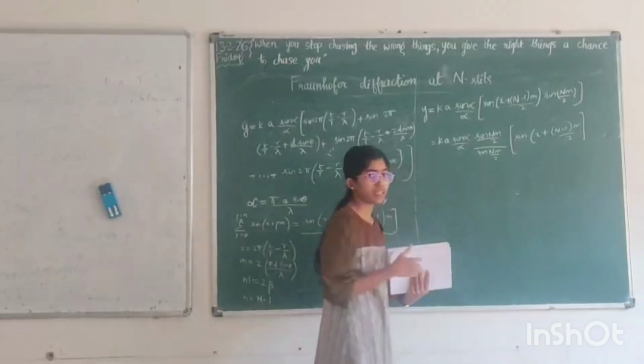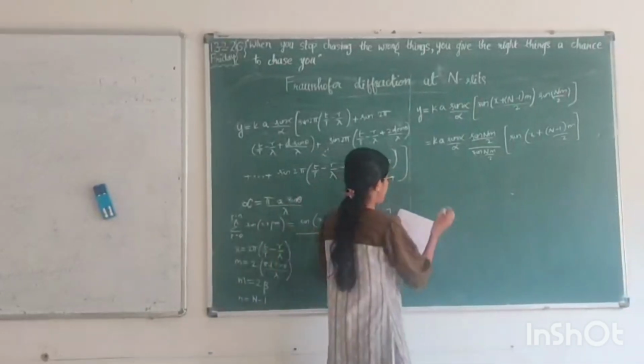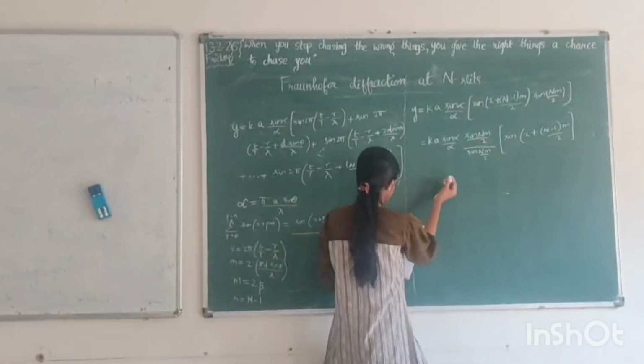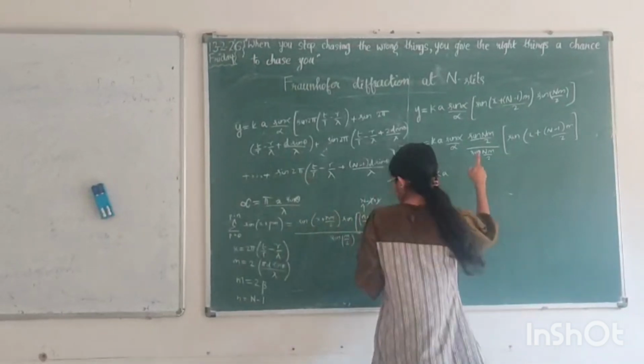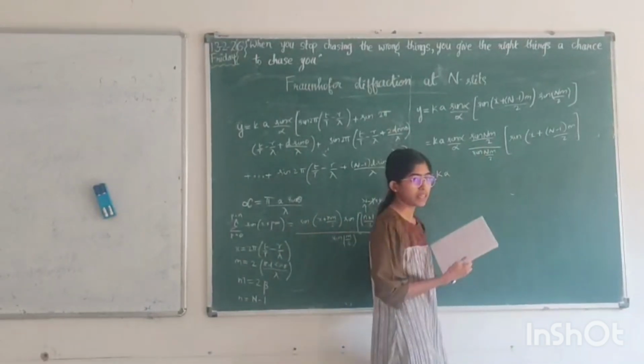So this total displacement y at P dash will be equal to K a. This m by 2 is equal to beta.